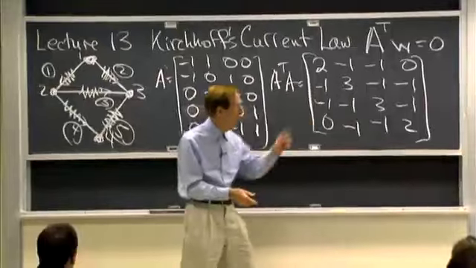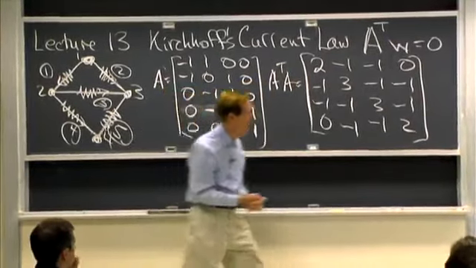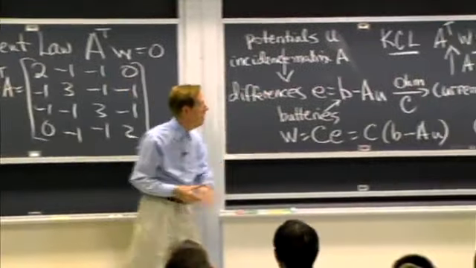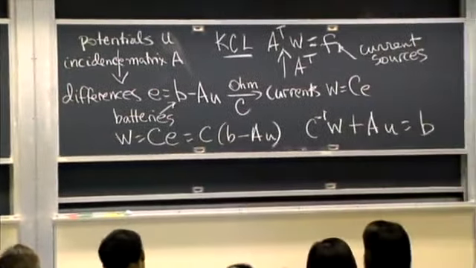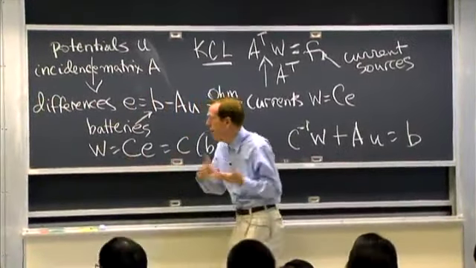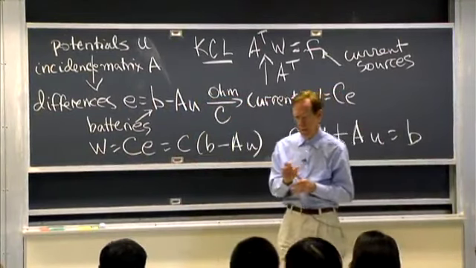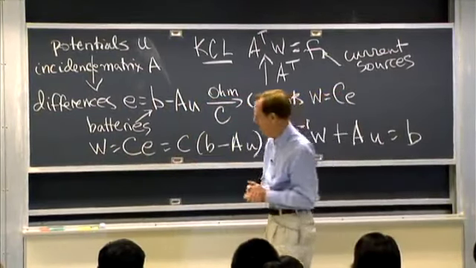Before I get to A transpose, there's a little more to say about this part I had written down last time. What I want to continue with is the source terms.